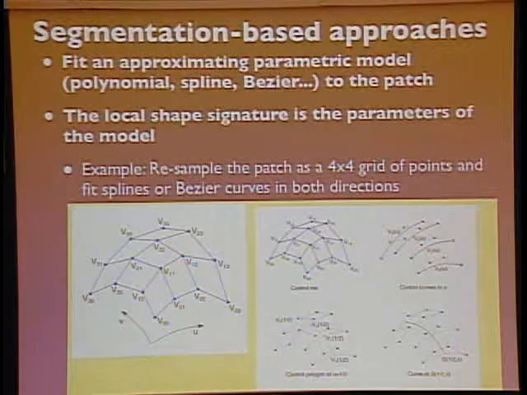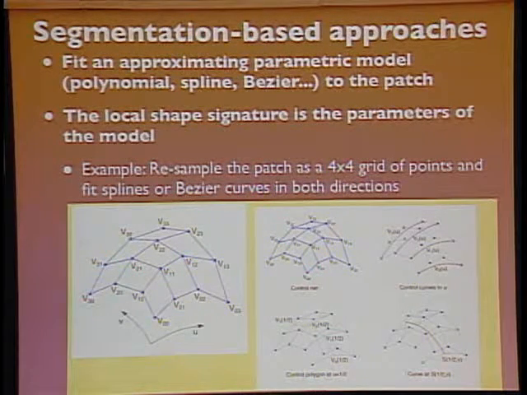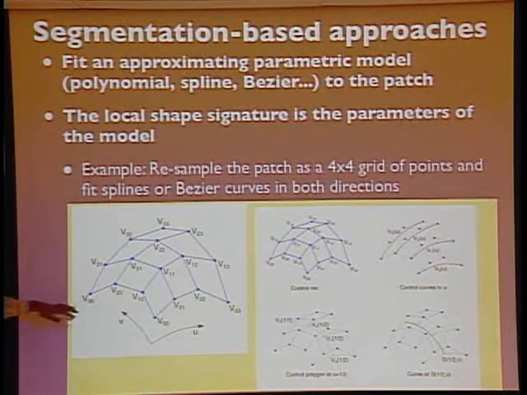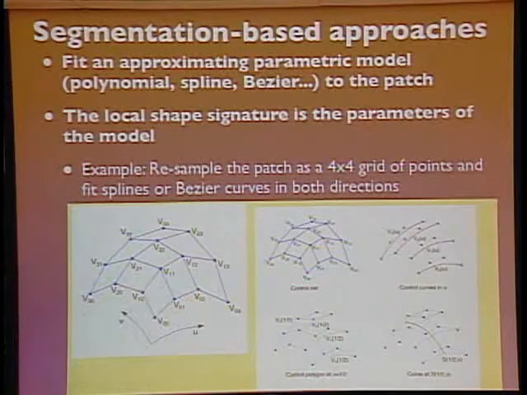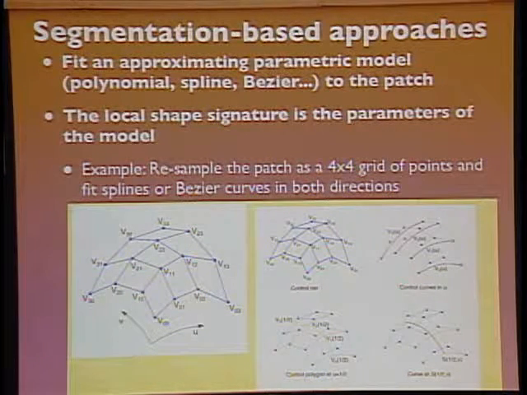So now, depending on which one of those two approaches you take, you can calculate different types of shape signatures. In a segmentation-based approach, imagine that you have your patch of the object that is shaped kind of like this. What you can do is think about that local patch of the surface as fitting some kind of parametric model.